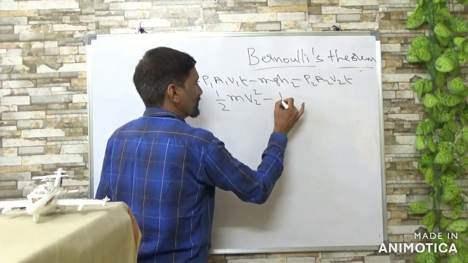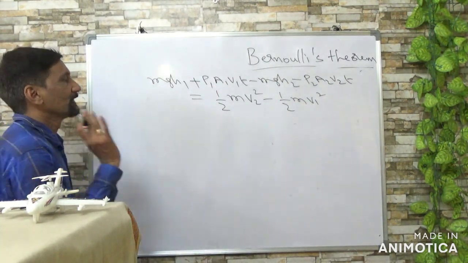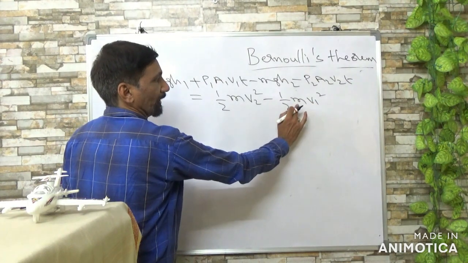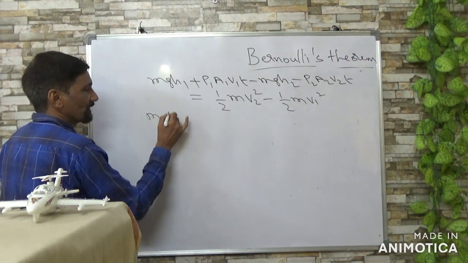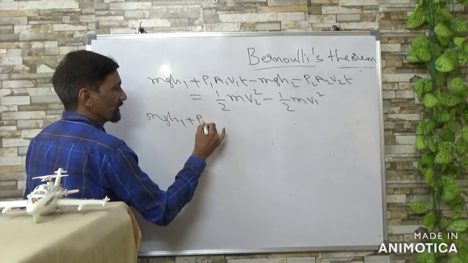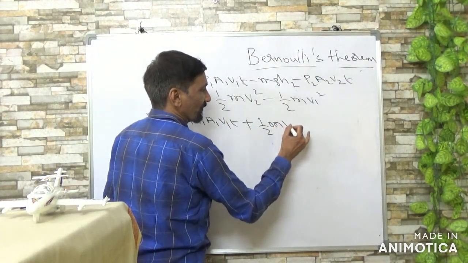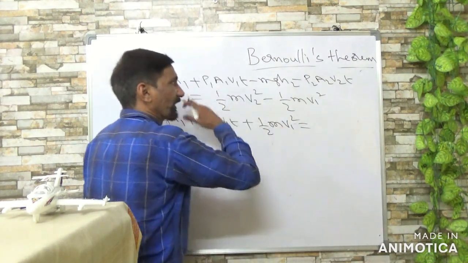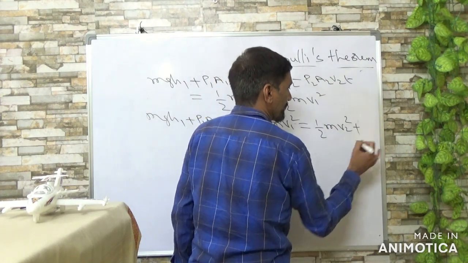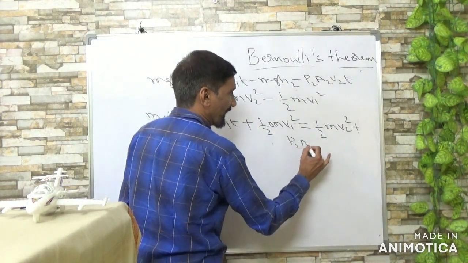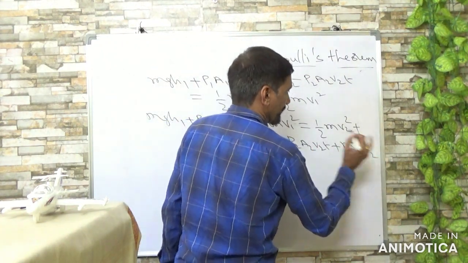So final kinetic energy minus initial kinetic energy. You can bring all the first point terms, kinetic energy, to one side: mgh1 plus p1 a1 v1 t plus half m v1 square is equal to, taking the other end, half m v2 square plus p2 a2 v2 t plus mgh2.